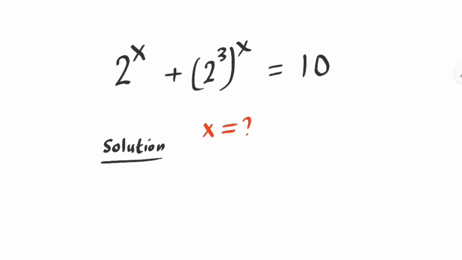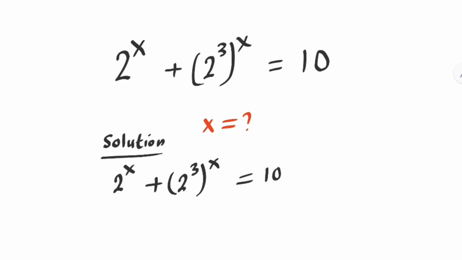We have the given equation 2 raised to power x plus 2 raised to power 3 to the power of x is equal to 10. Take note of this, that if you have a raised to power m to the power of n, this is equal to a raised to power n to the power of m, which is equal to a raised to power mn.